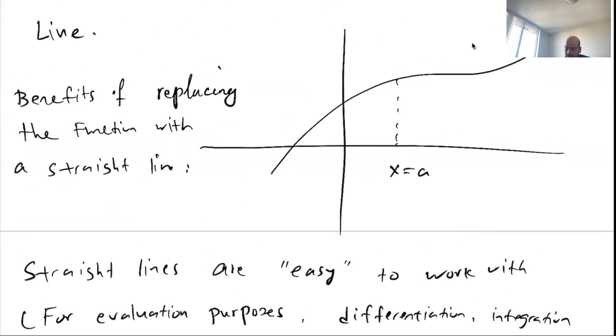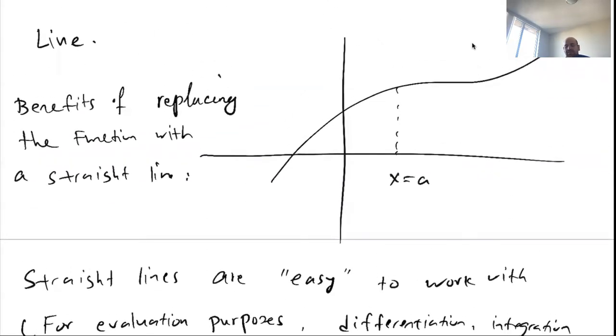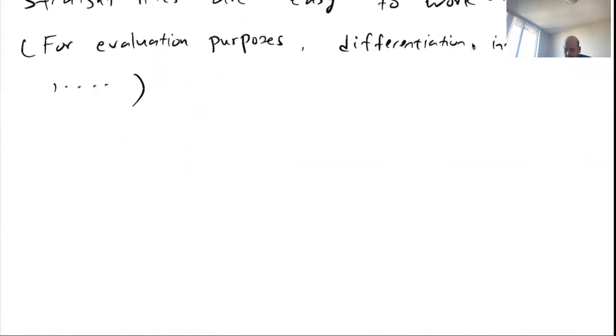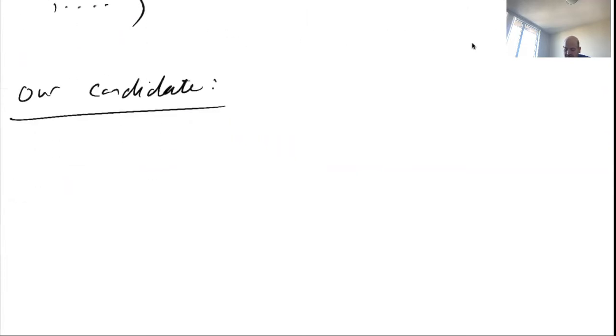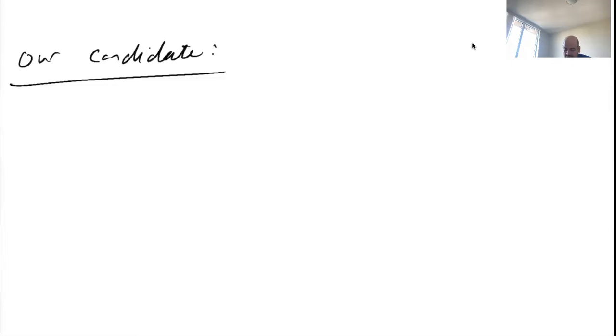Okay. So what will be the best candidate for approximating f of x if x is close to a? So our candidates. One candidate is the simplest one.